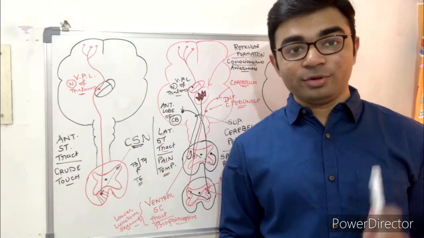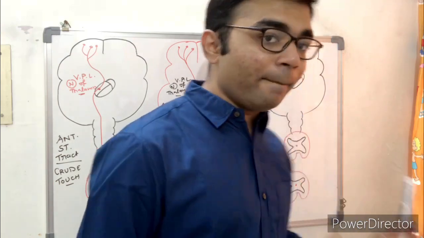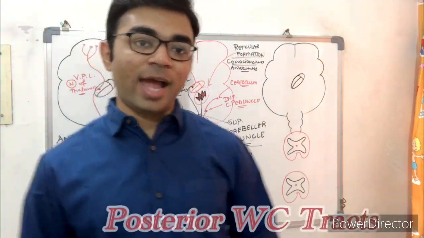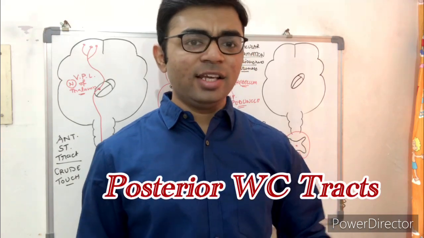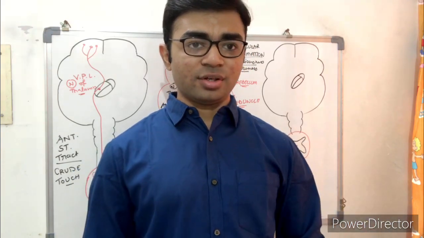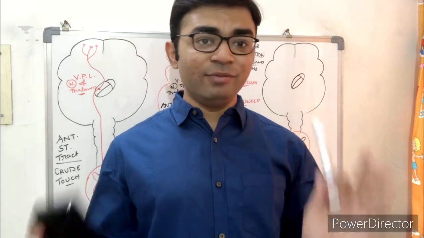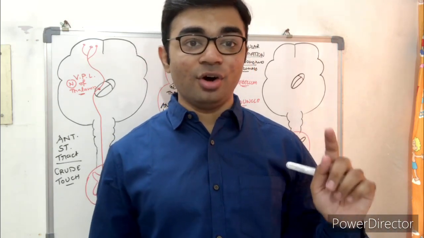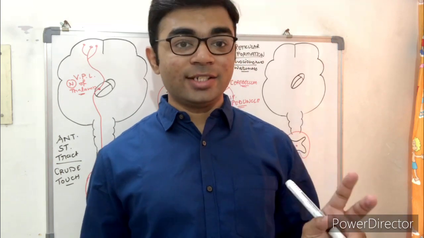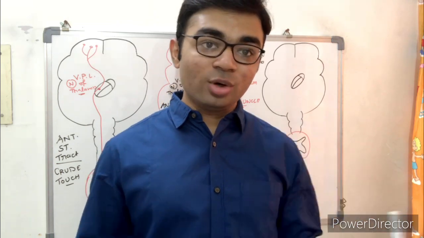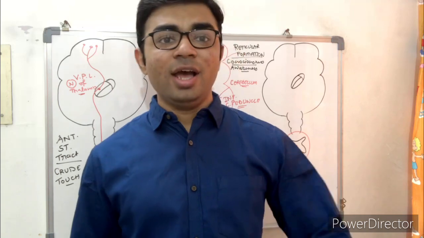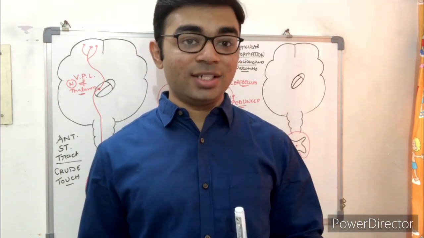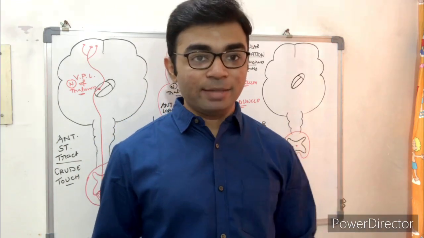Last thing, and the most important thing, is the posterior column tracts. These are the tracts that carry multiple sensations. For example, they carry the sensation of vibration, stereognosis, tactile localization, tactile discrimination, and most importantly, a lesion of this tract causes multiple disabilities.